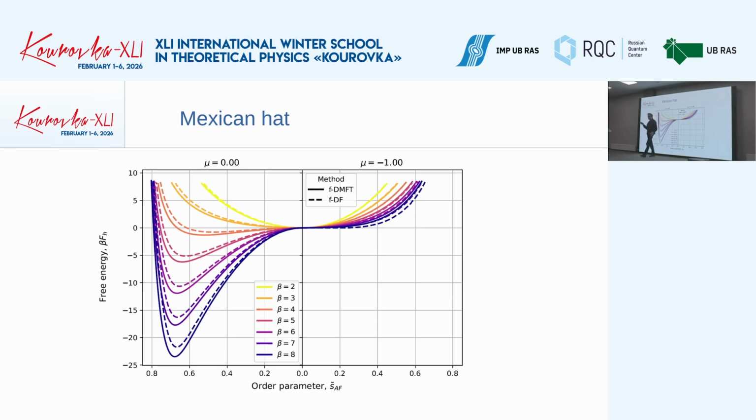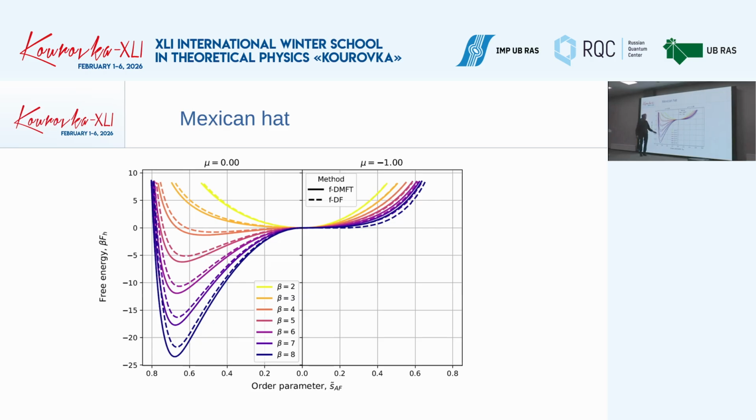You do not have this Mexican hat behavior. The system is in the fluctuating regime even for low temperature. And this tells you actually why the doped Hubbard model is so hard to solve, so hard to analyze. It's always in a fluctuating regime. It's somewhat near the quantum phase transition point, so to say.